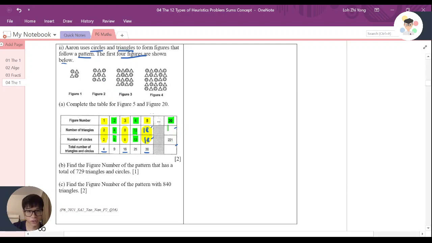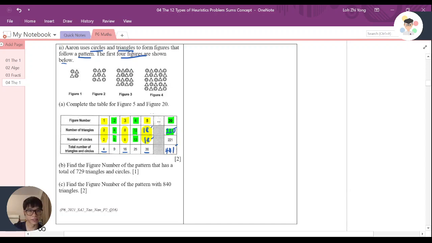So I know for sure here will be 220, which is just one less. And of course, below here will be 220 plus 221, which is actually 441. So we're done with the A.